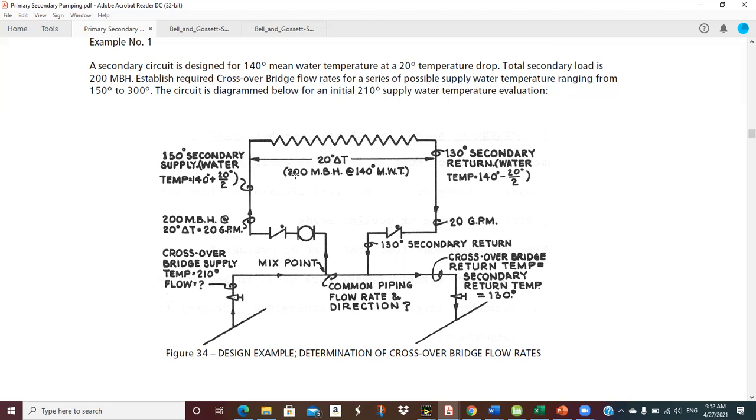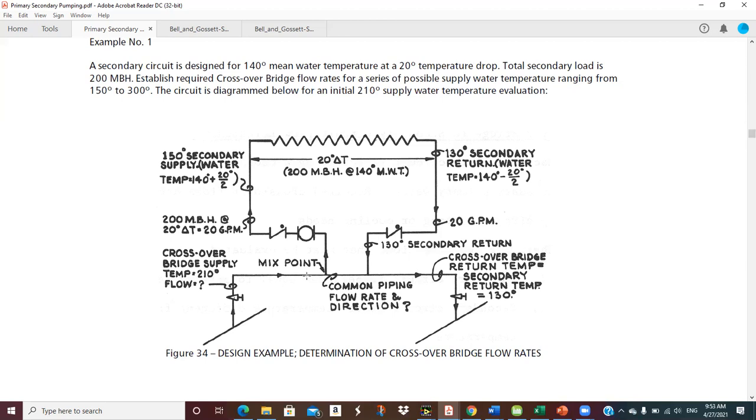So I take 200,000 divided by 500, divided by 210 minus 130, that's 80. So that's 5. Right there, to convey 200,000 BTUs into that secondary with 210-degree water and 130 return, I have to have 5 GPM. So what's going to happen is, when this pump runs, I'm going to take 5 GPM.